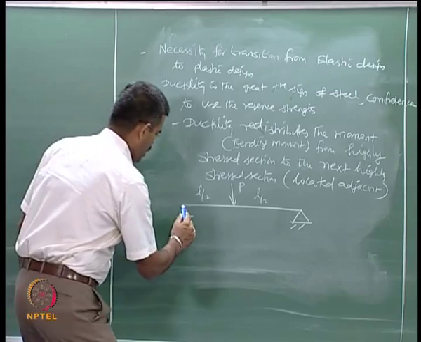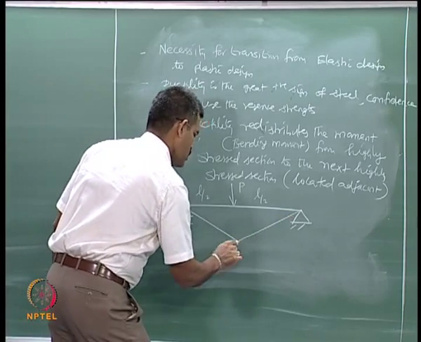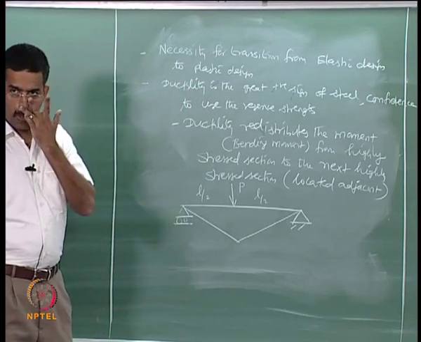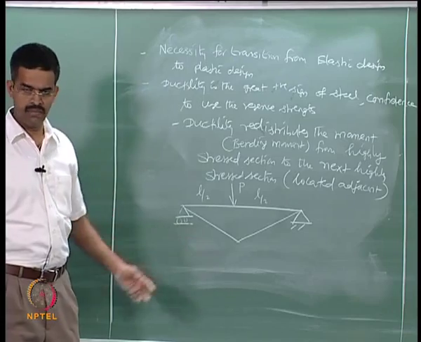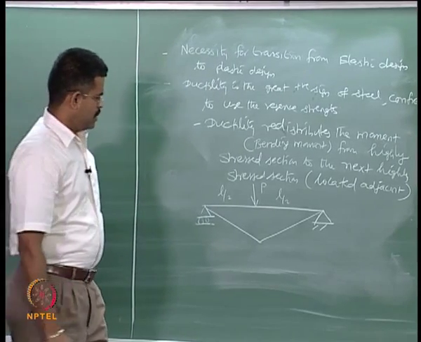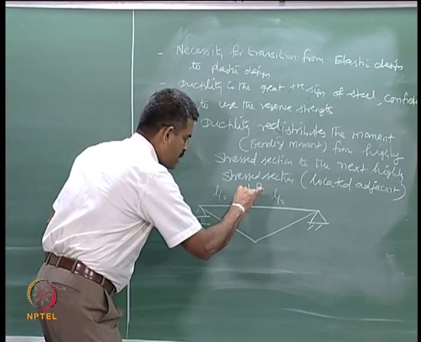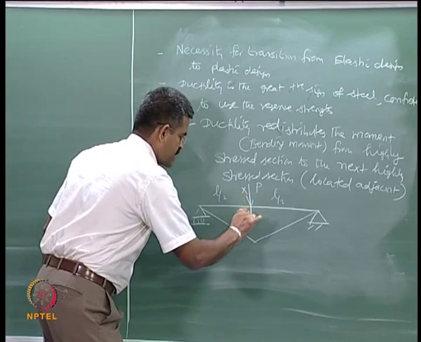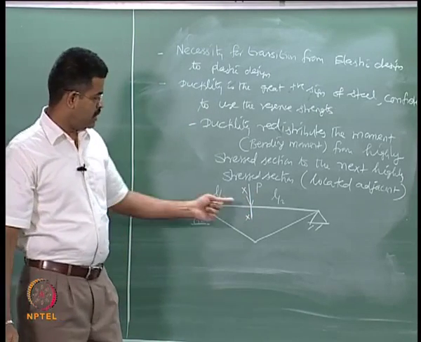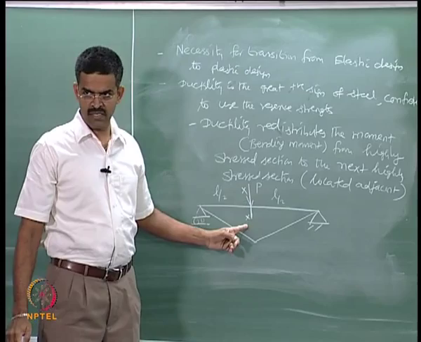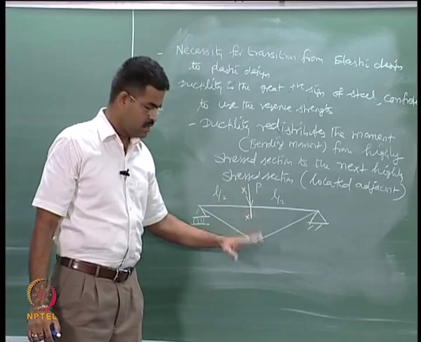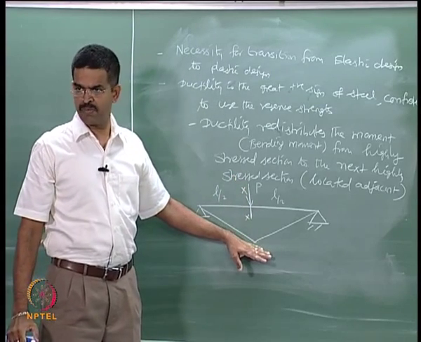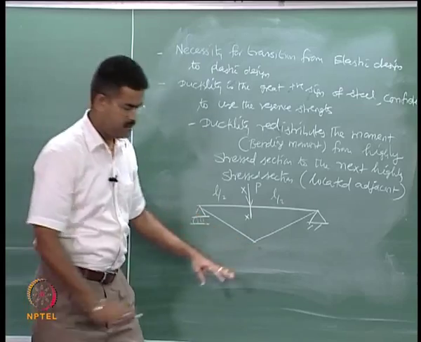The bending moment diagram, as we all know, is this, the elastic bending moment diagram. So, I should say in a beam, this section XX is the maximum stressed section, because it is at this section that the bending moment is maximum, which is PL by 4. Okay.